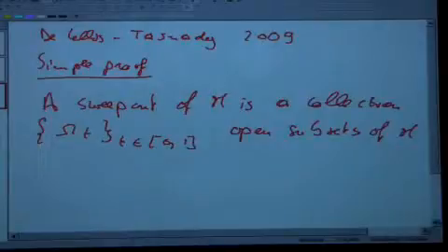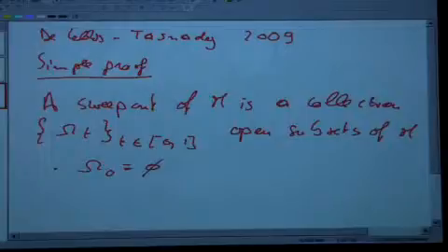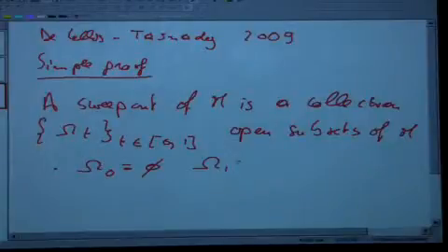And this collection of open subsets has several properties. Let me list them. First of all, the first subset is the empty set, and the final subset is the entire manifold. Then there is a sort of continuous dependence of these subsets on the parameter t.